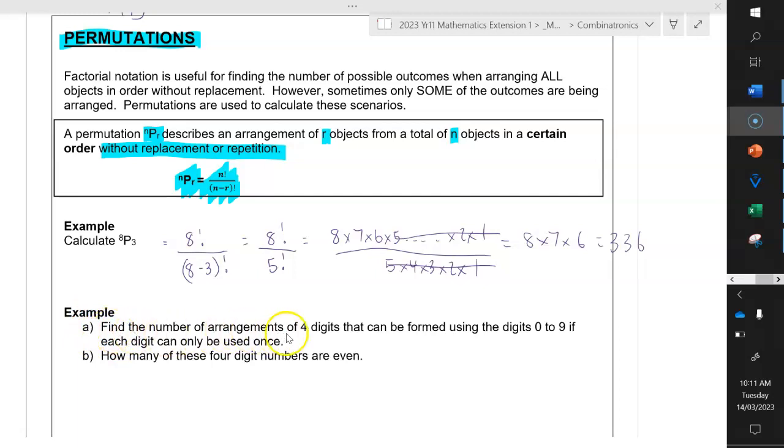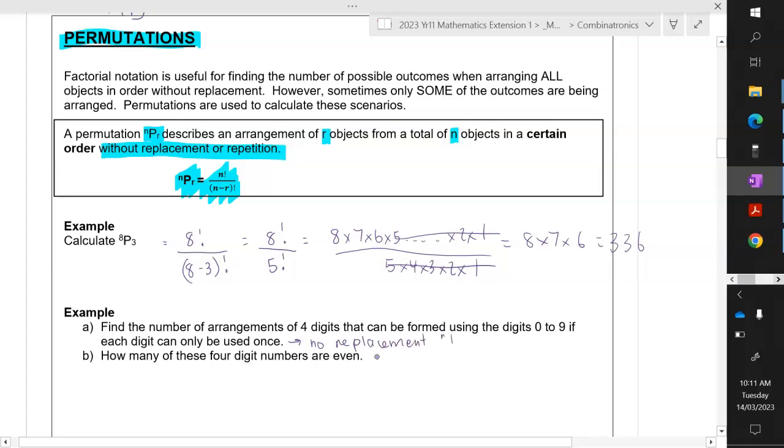Find the number of arrangements of 4 digits that can be formed using the digits 0 to 9 if each digit can be used only once. Well, when they can be used only once, that's telling me no replacement or no repetition. So I know straight away that I'm going to be needing a permutation there.